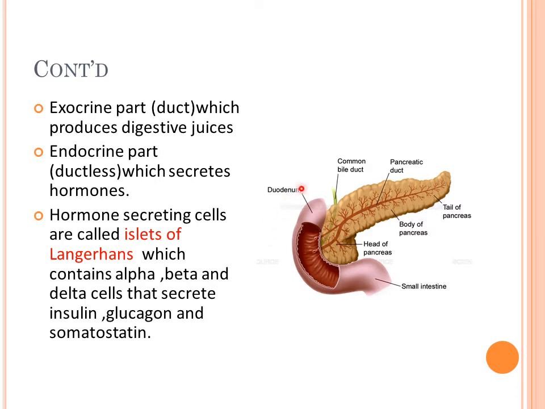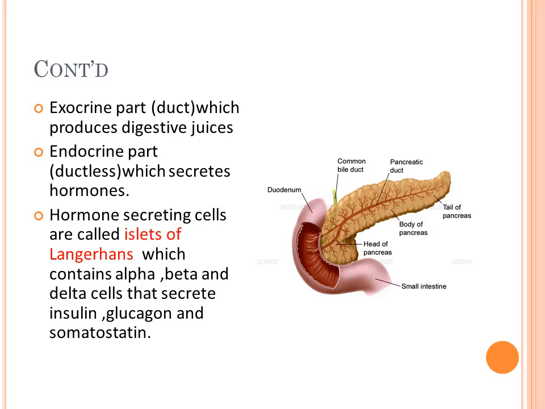Now, let us see the diagram of this pancreas. As we have discussed in the previous slide, it is attached to the duodenal loop and is on the posterior side of the stomach. It is attached to the abdominal wall, and the pancreas secretes digestive juices through its duct as well as hormones.